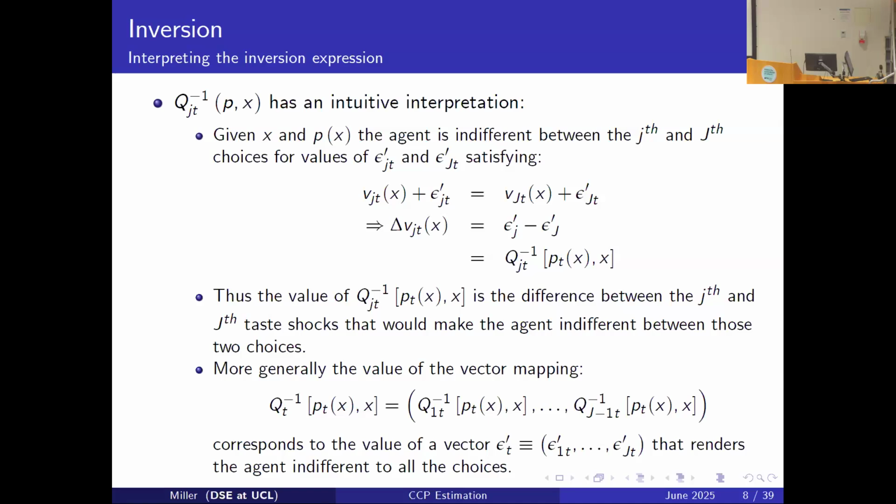More generally, if we took this Q minus 1 function, it is really a way of saying these are the set of epsilons that make you indifferent between all the choices. It's not something that we're going to use really, but it is a way of thinking about what you end up with when you write down this Q minus 1 function.